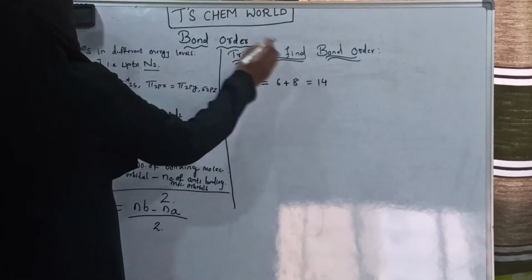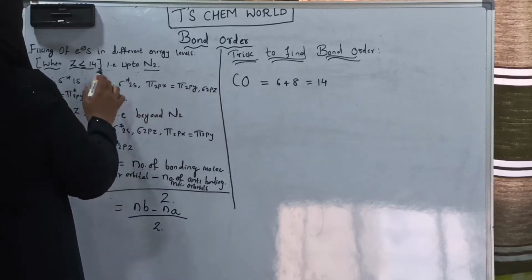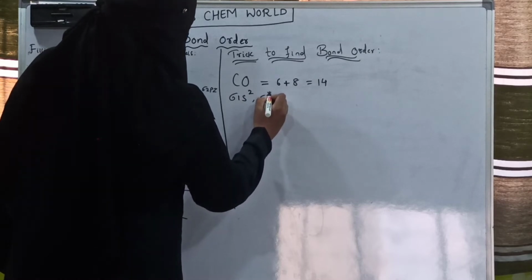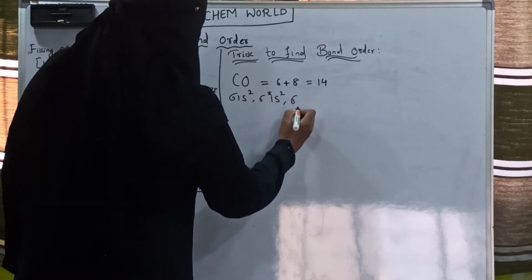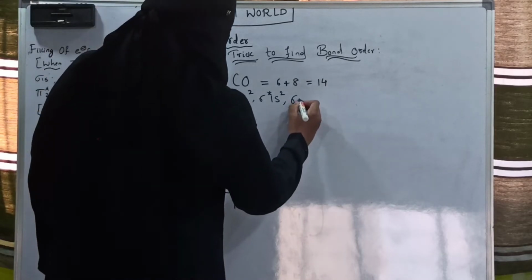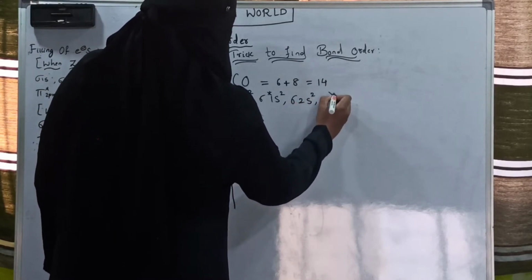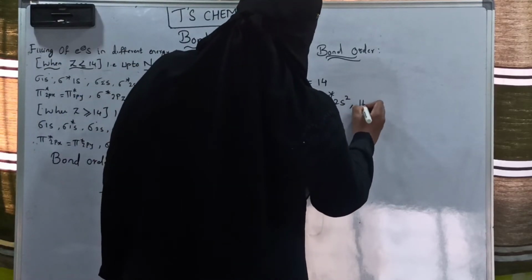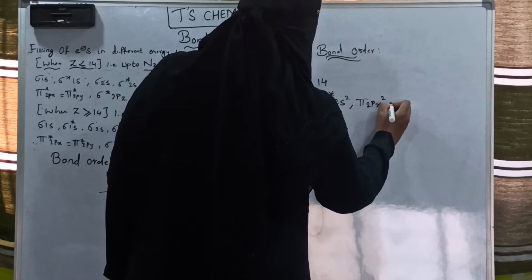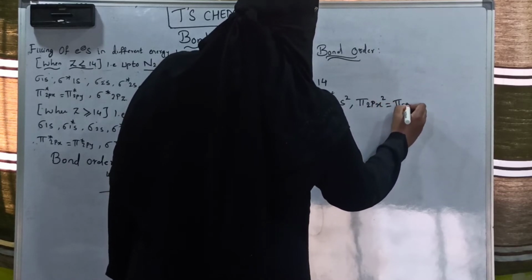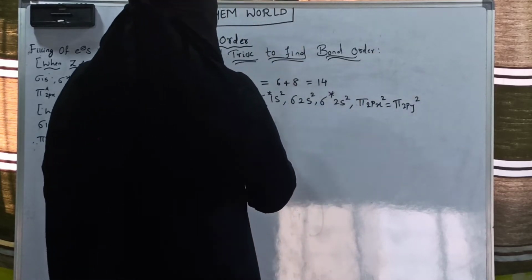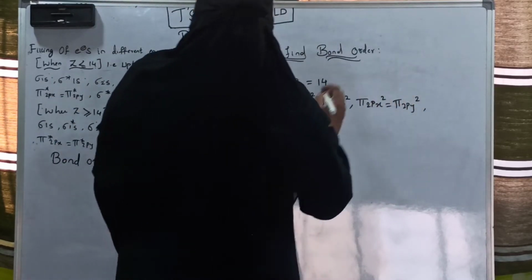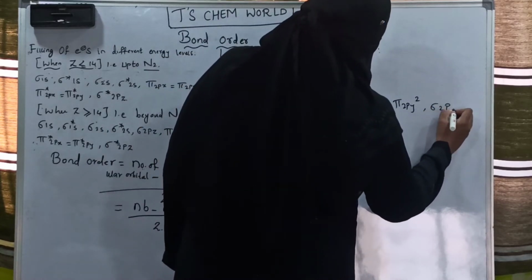So for this, we have to go through the first sequence, that is sigma 1s2, sigma star 1s2, sigma 2s2, sigma star 2s2, then pi 2px2 equal to pi 2py2, and sigma 2pz2.